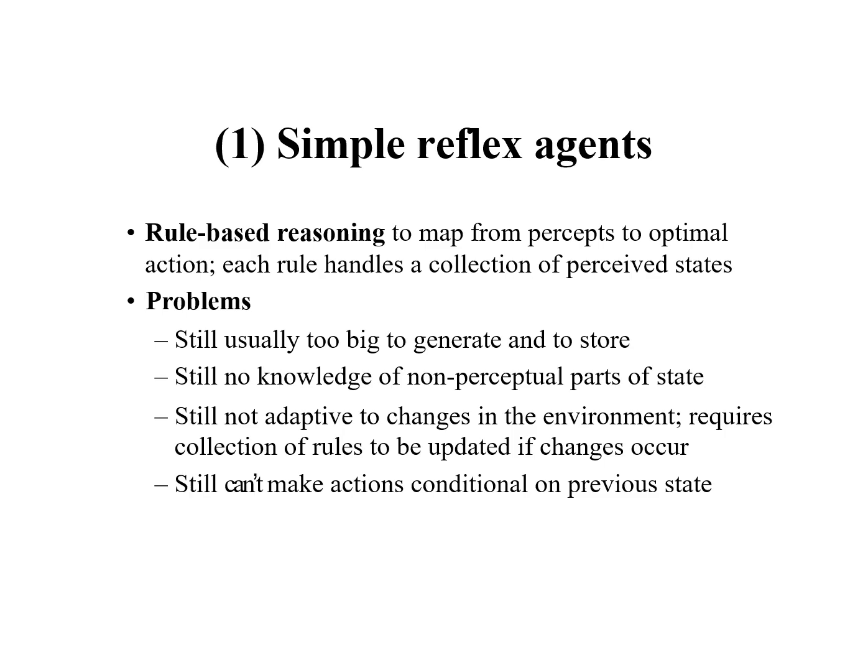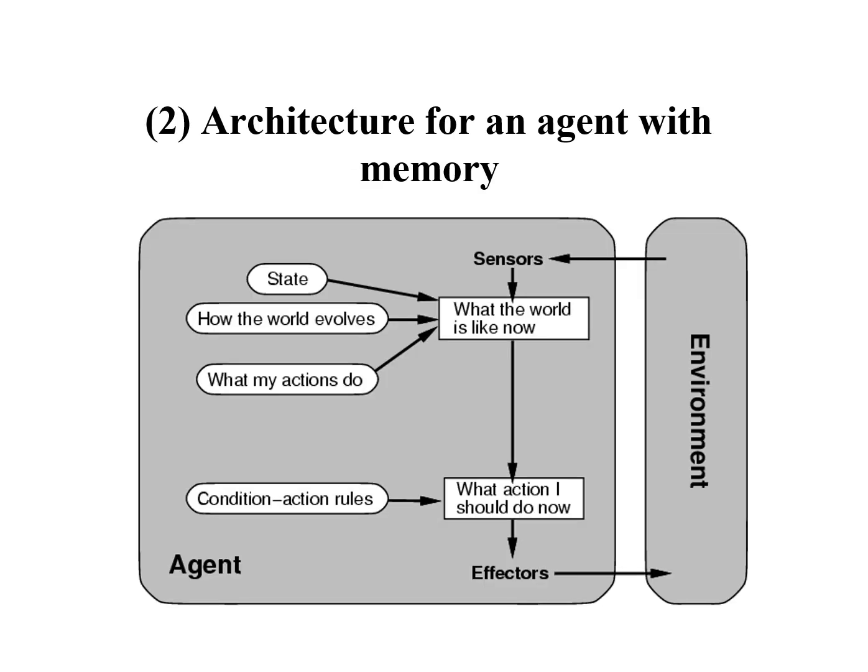So let's pass on to the next slide, that is the architecture for an agent with memory. We are looking at an agent with memory. Okay, here also we have the agent as well as the environment, and here are sensors which pass on to what the world is like.